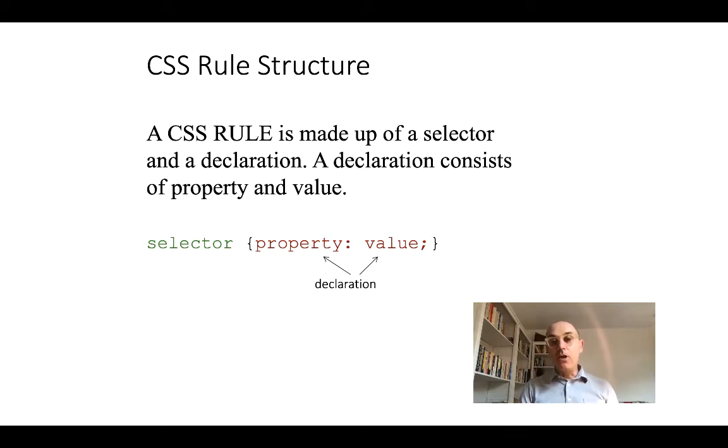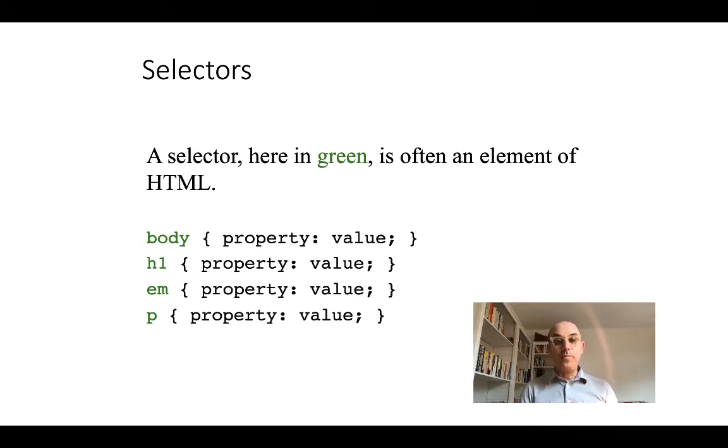A style sheet rule is made up of a selector and a declaration. The declaration defines the property and the value of the selector. An example of a selector is body. Another example is the H1, the top text that is highlighted up front.